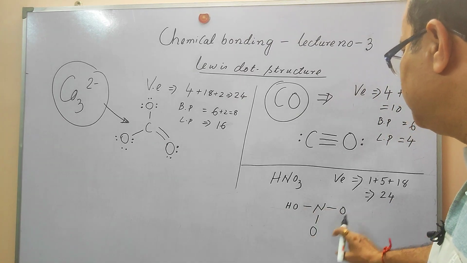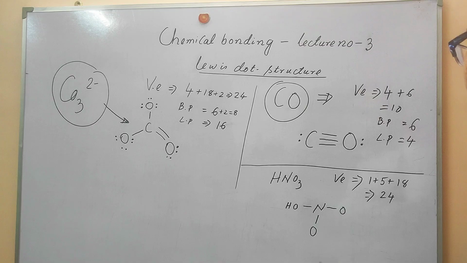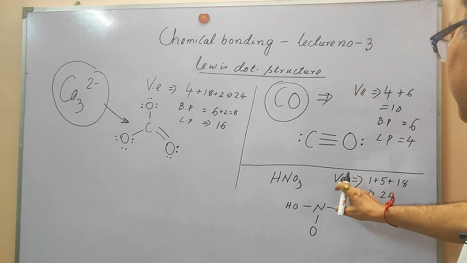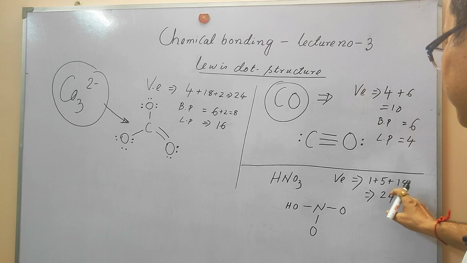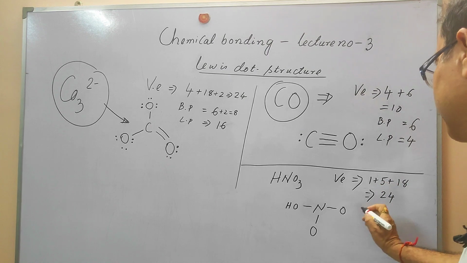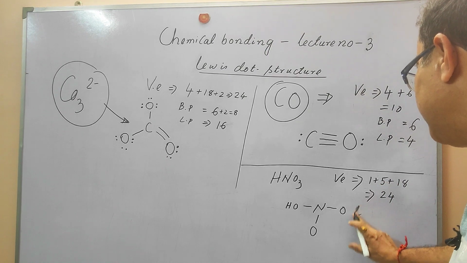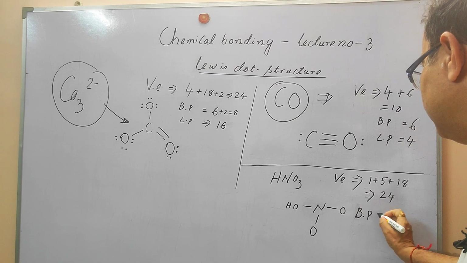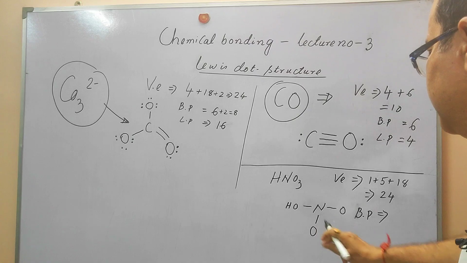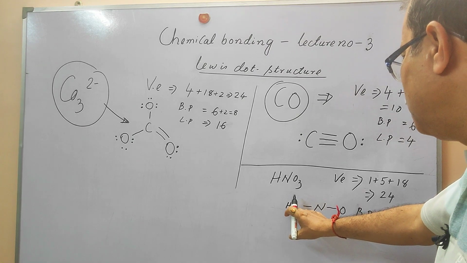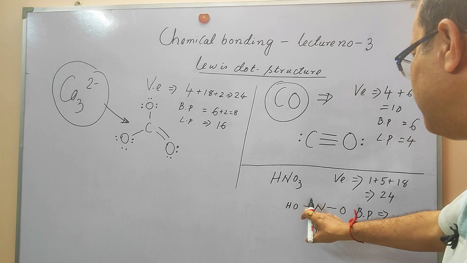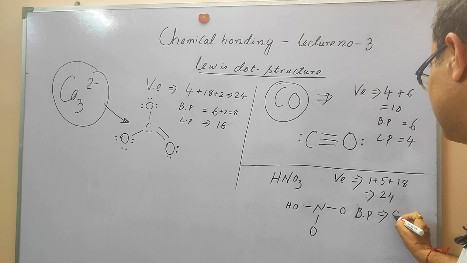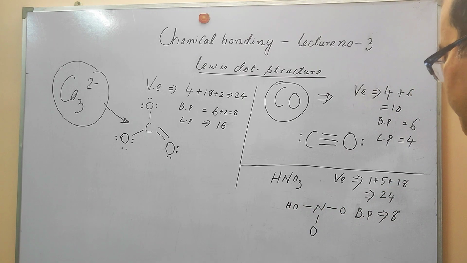HNO3. First, we have calculated the total valence electrons, which is 24. Then the bond pairs we have utilized already. Bond pair electrons, how much? Here 2, 1 bond pair, 1, 2, 3, 4. Total 8 electrons already used for the bond pairs.